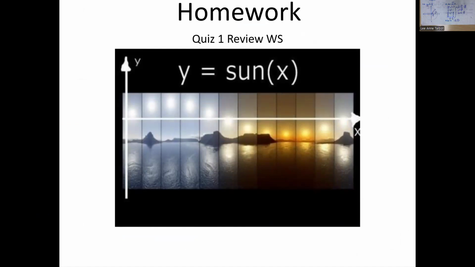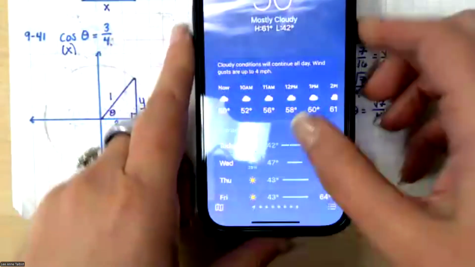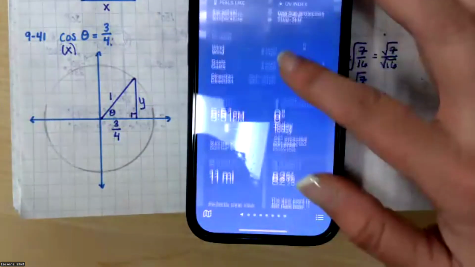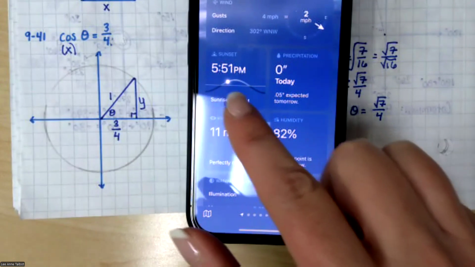Here's your joke. It's not sine of x. Do you know that the sun actually moves in a sine wave? And did you know? Now I'm gonna ruin the weather app. Ruining it. Here we go. Ruining our beautiful technology that we love so dearly. You ever noticed? No, not that. This is a sine wave.